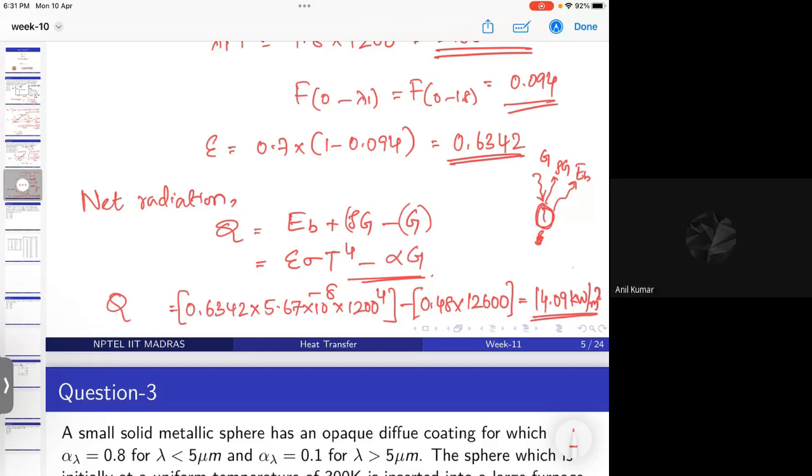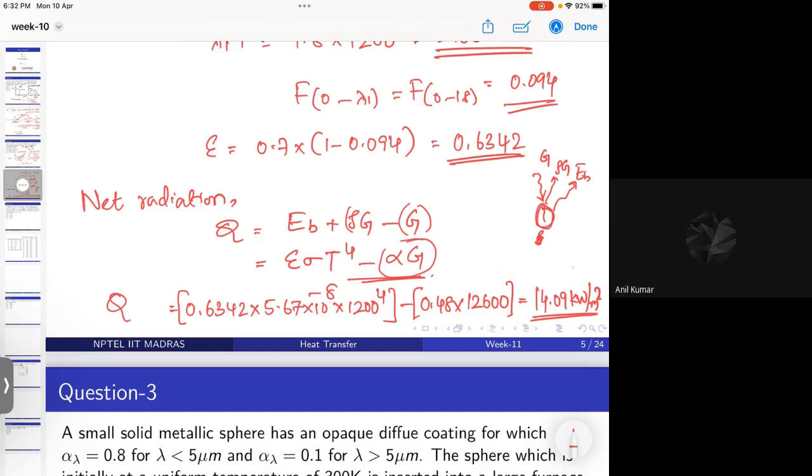Sir, what about the absorptivity? Is it absorbing some of the radiation G also? Yes, that is what it is absorbing, alpha G. That is what rho G minus G finally comes out to be.